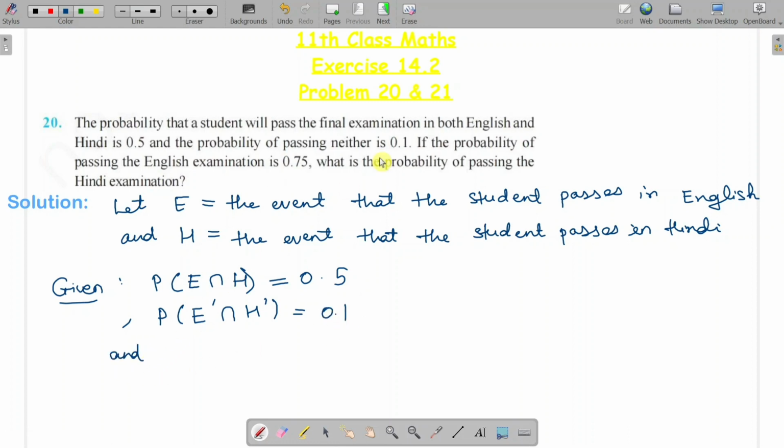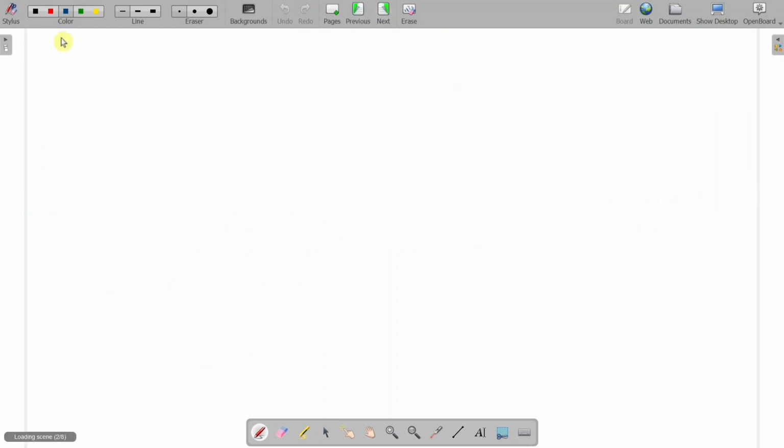And also what is given is the probability of passing the English examination, so probability of E is given to us, that is equal to 0.75. Now what we have to find is the probability of passing the Hindi examination. For that we have to take the formula which we have already studied.